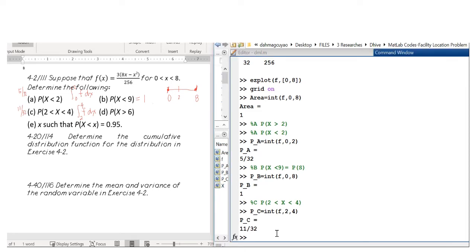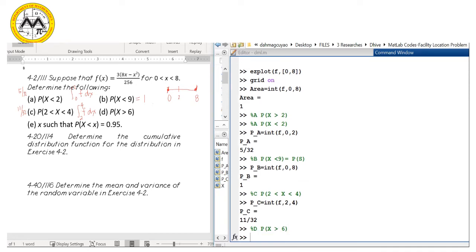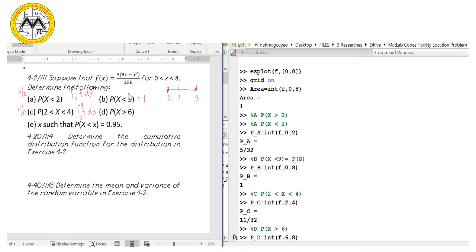For letter D, it's the probability that x is greater than 6. So P of D is equal to the integral of the function f greater than 6, so it would be from 6 to 8.